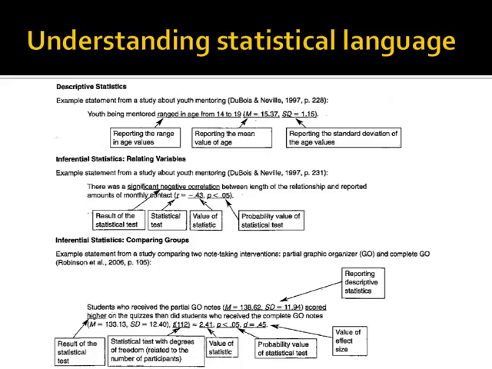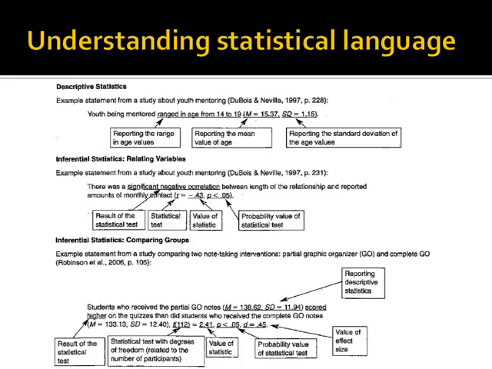If you go down to inferential statistics comparing groups, it says as an example, a statement from a study comparing 2 note-taking interventions, partial graphic organizer, GO, and complete graphic organizer. So you have a study of students using graphic organizers.